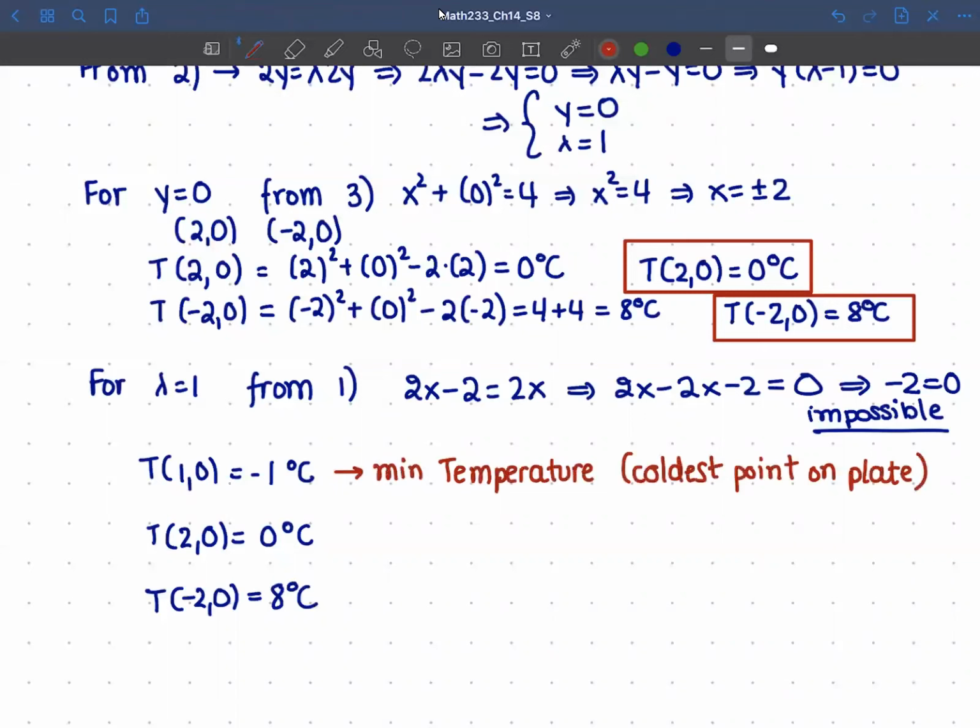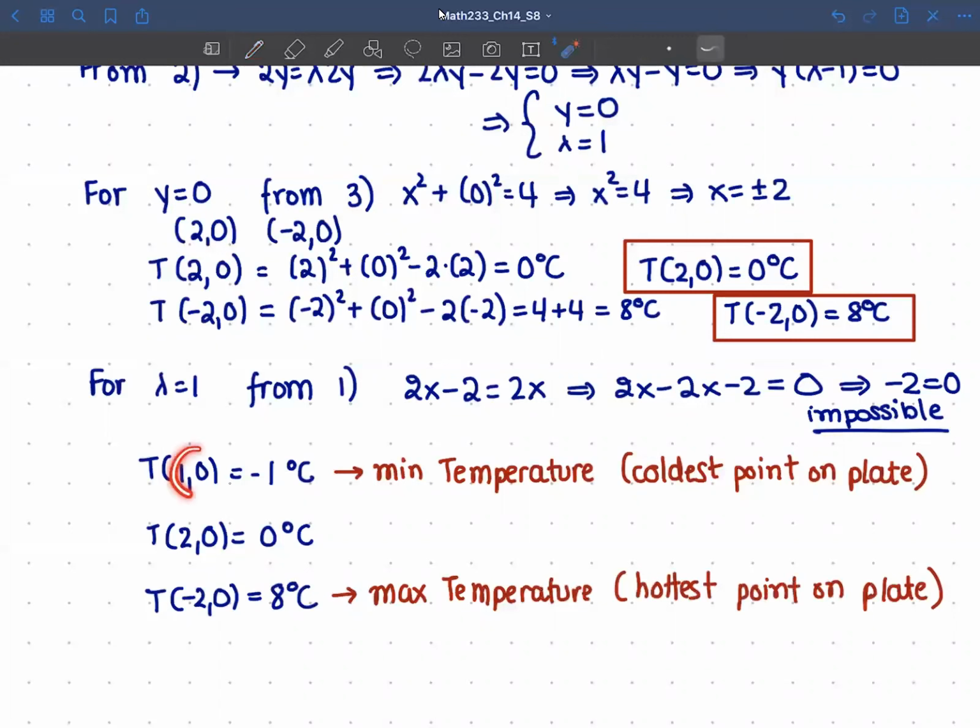And from the other two, the maximum temperature is the 8 degrees Celsius, which corresponds to the hottest point on the plate. So the coldest point on the plate is the point (1, 0), where the temperature is equal to negative 1 degree Celsius, and the hottest point on the plate is the point (negative 2, 0), where the temperature is 8 degrees Celsius.